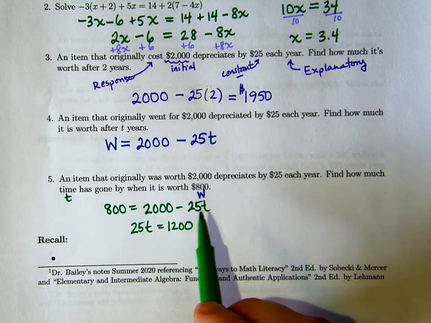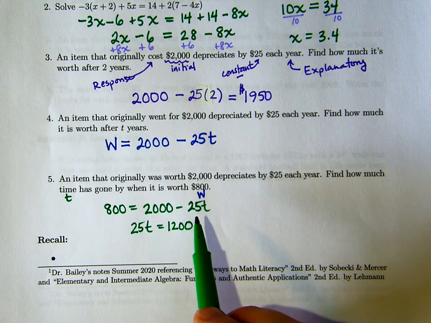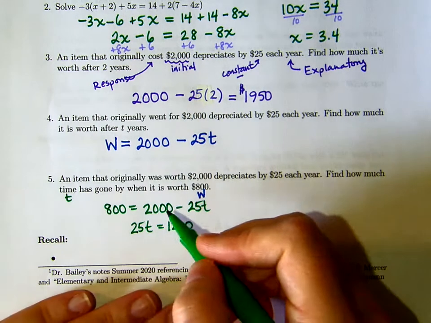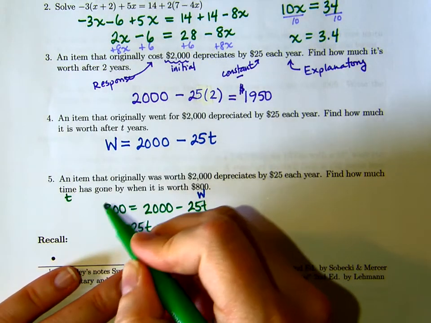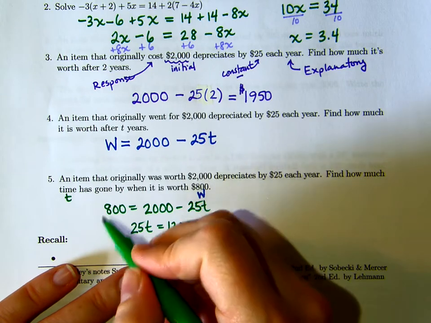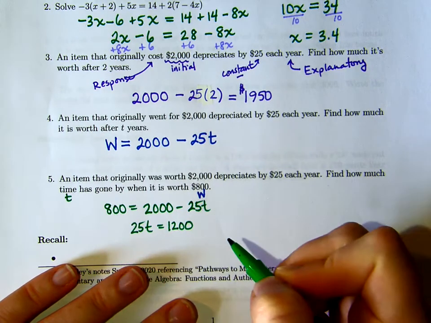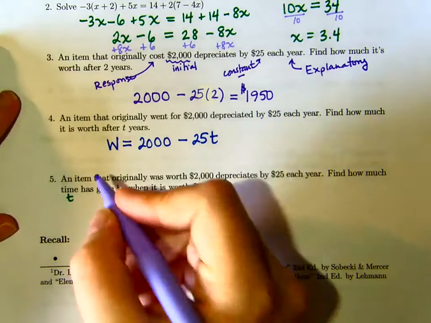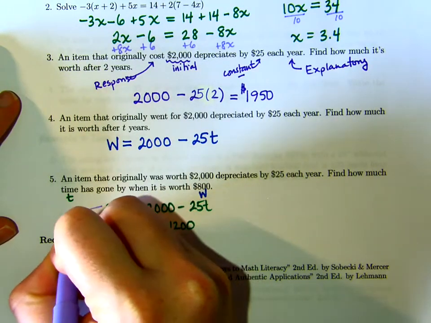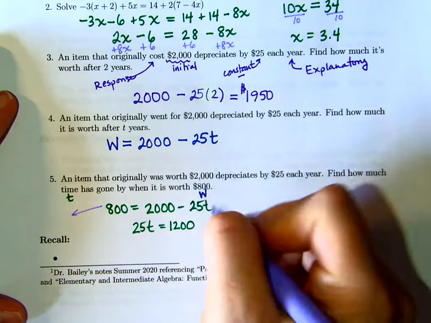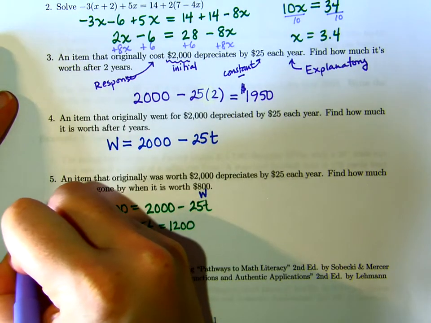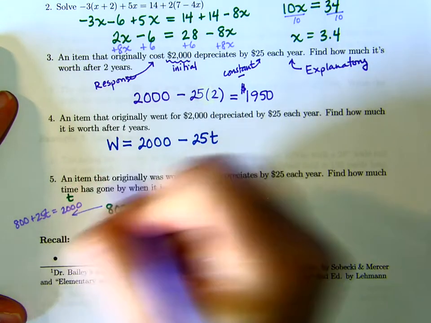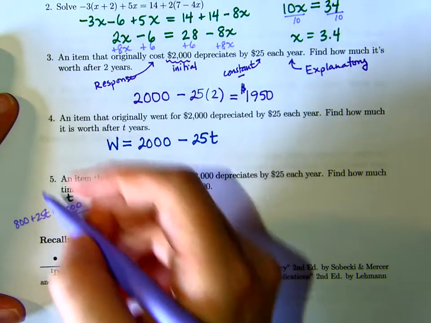Now, in order to use proper steps of solving equations, I think what I would have done is subtracted 2,000 from each side, or added 25t and subtracted 800. So it is perfectly acceptable to do this in 2 steps, which would have looked like add 25t to both sides, and then subtract 800 from both sides.